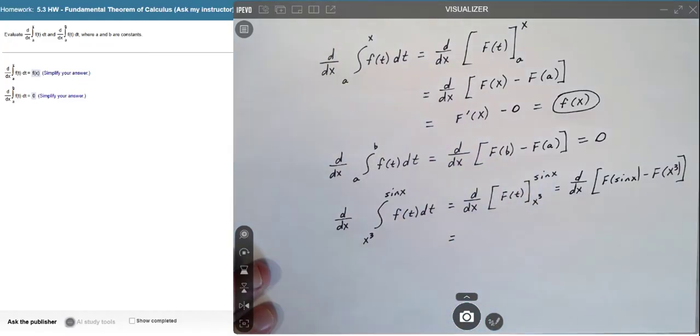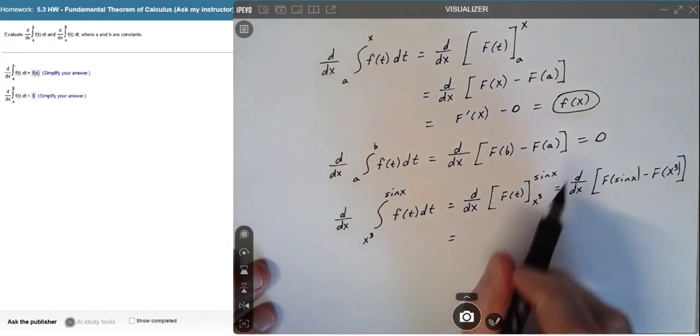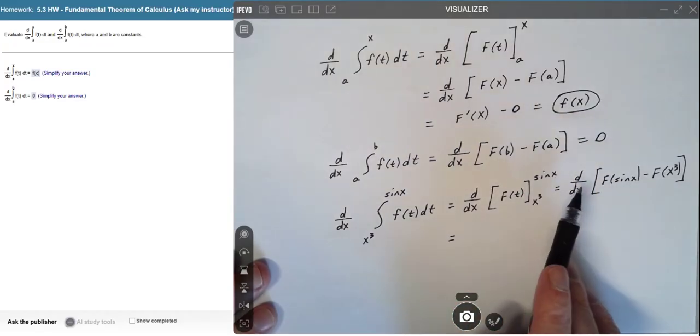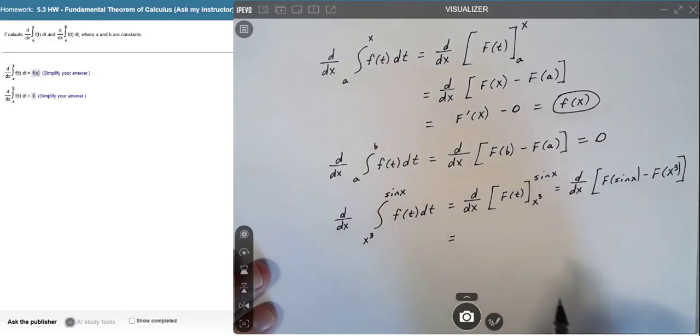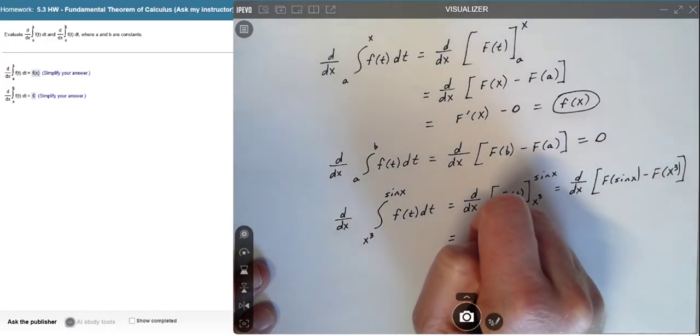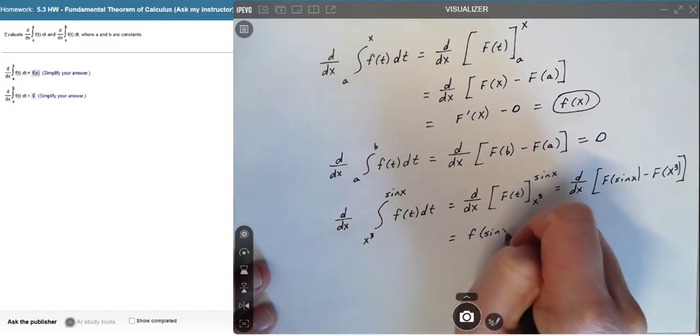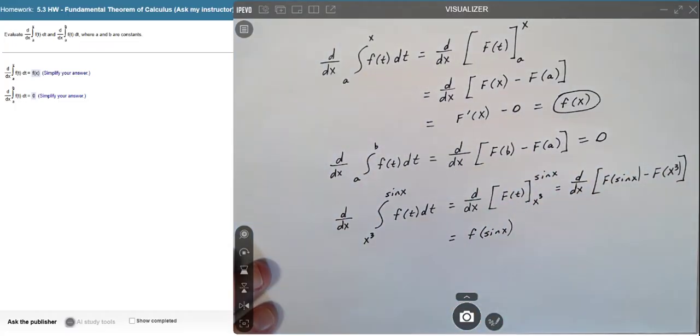Now, due to the chain rule, it's not going to be as simple as it was up here. I can't just say, oh, well, the derivative of the function, that's going to take me back to the lowercase f evaluated at the sine of x. That's true, but there's more to it because the integral had no way to account for the fact that you're putting a function inside of a function.